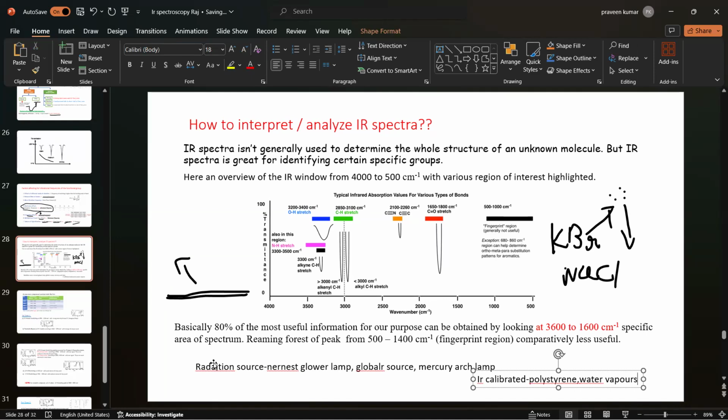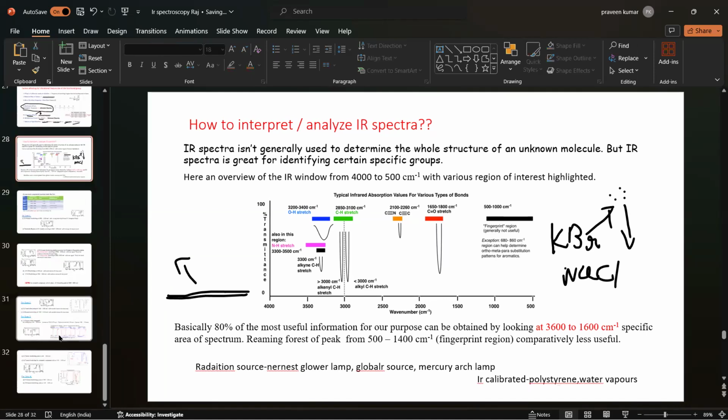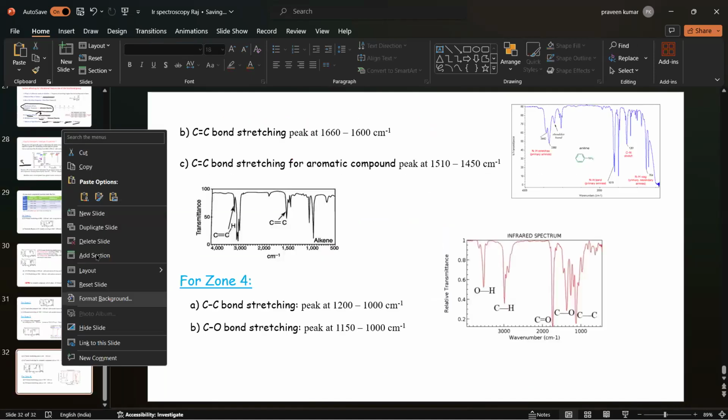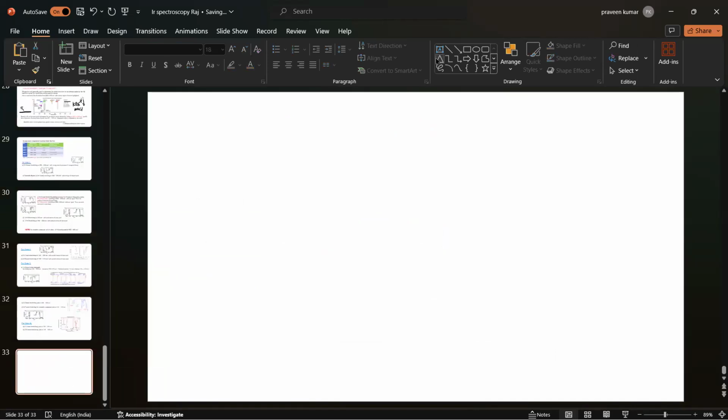Another most important thing in the IR is the different types of detectors used. Tell me what different types of detectors are used in the IR.